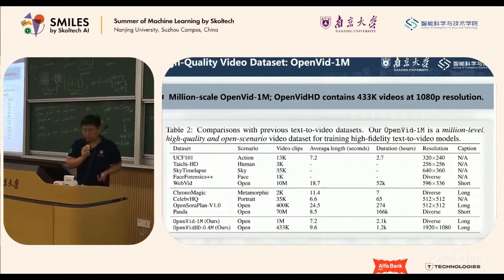And we compare OpenVid-1M with the major text-video datasets. OpenVid-1M reaches the million sample scale, while OpenVidHD, high definition, contains approximately 433K videos at a high definition resolution.